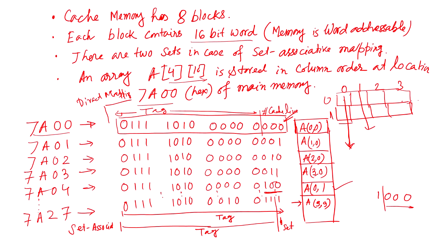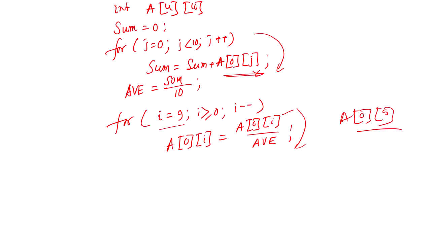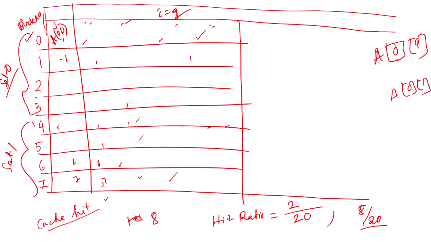So, therefore, everything will be mapped to set 0. At a time only 4 can be stored, because in set 0 there are 4 blocks. So, here A01, next A02, because 4, 8, 12, 16 are all even numbers and the least significant bit is 0. So, A03.